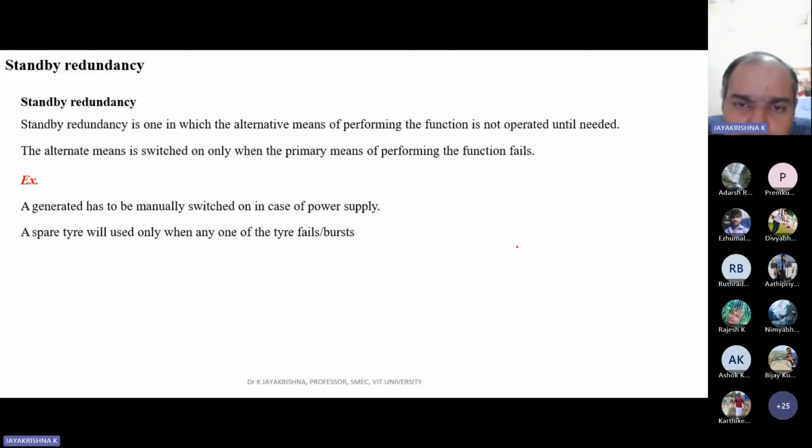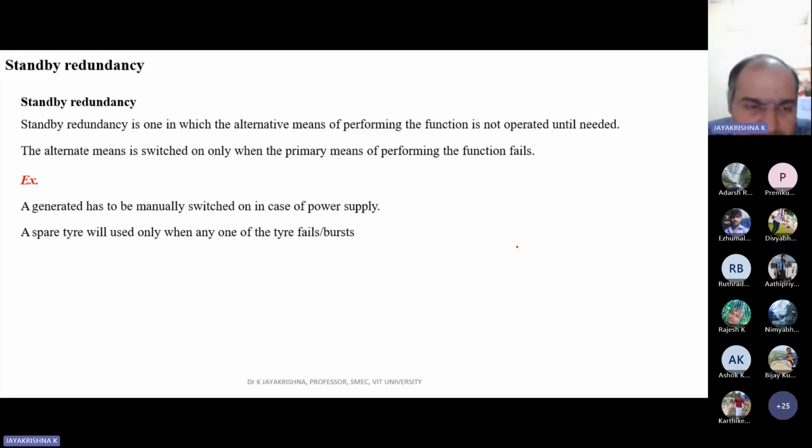So when the primary system fails due to some reason, the secondary system or standby system will be switched on, or will be put in the place of the primary system, only when it is required. So here, the primary system is always live, and the standby system takes the place of the primary system only when it is required.